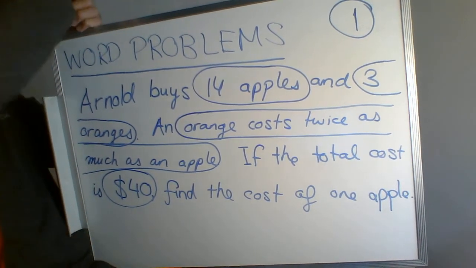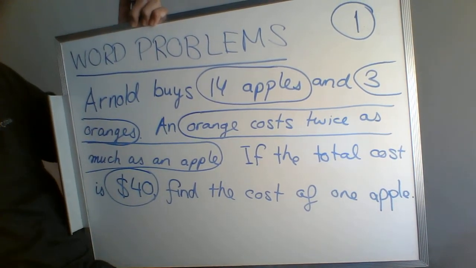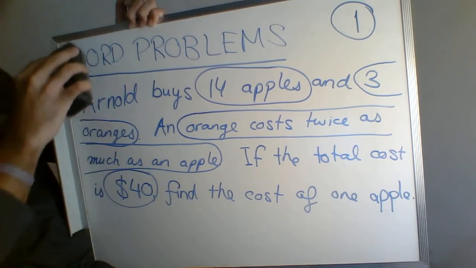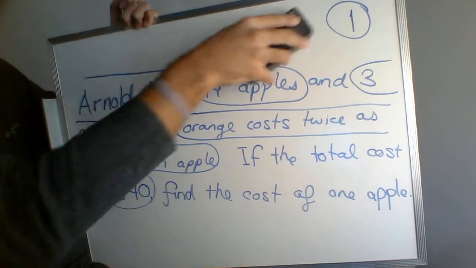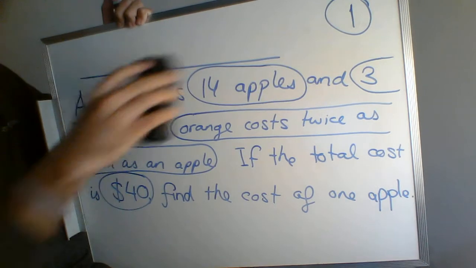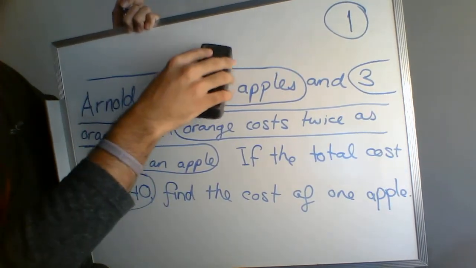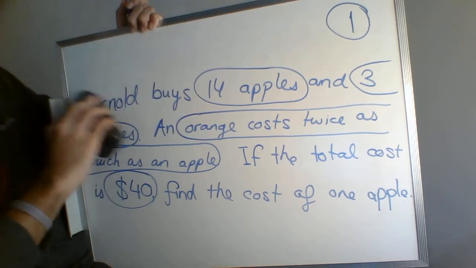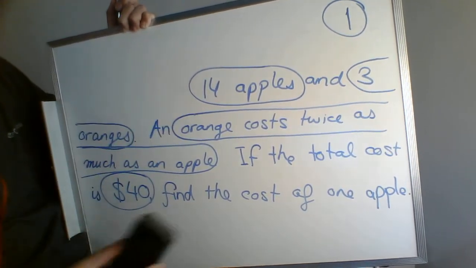So I'm going to erase what we don't need, for the sake of my own space. You don't have to scratch anything out or erase anything. Pause this if you haven't had enough time to finish writing down the problem yet. I'm just going to erase all the stuff that's not important. We don't care that this person's name is Arnold.